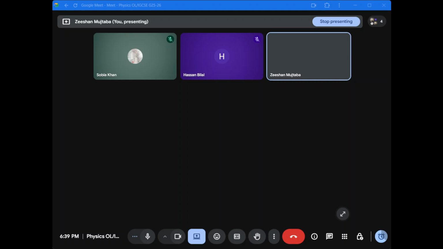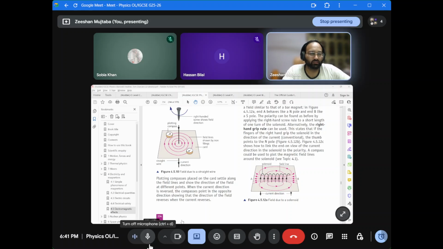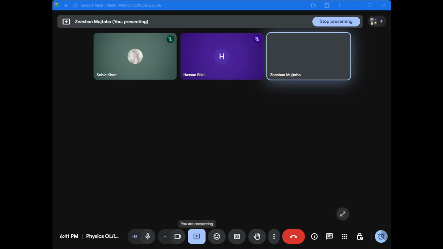And then this one is going to make an oval path as well, but it's going to be longer, going out the edge, more spread out.